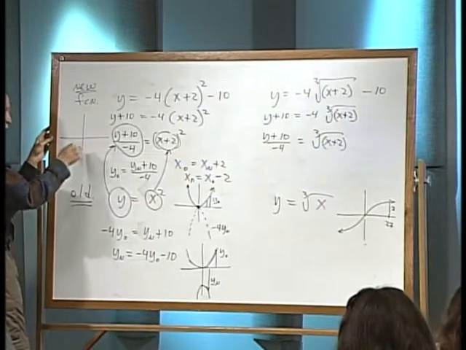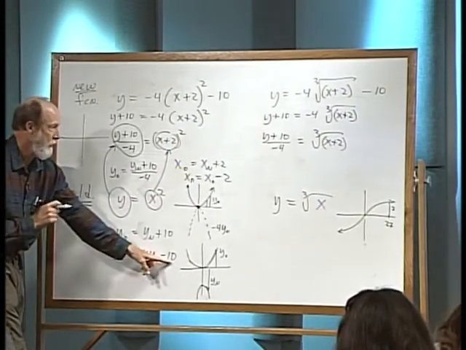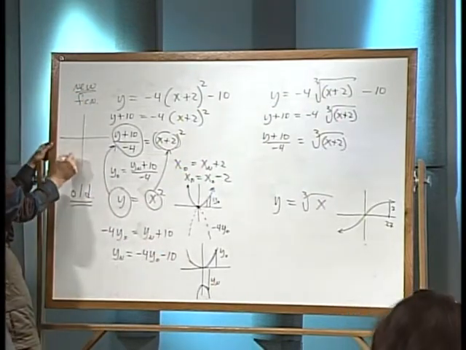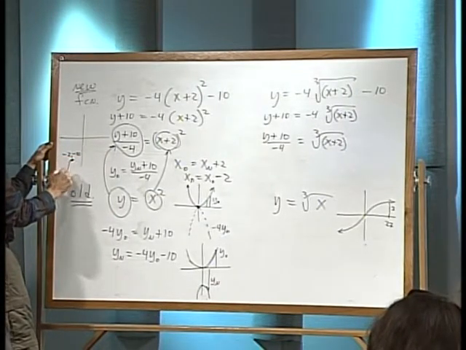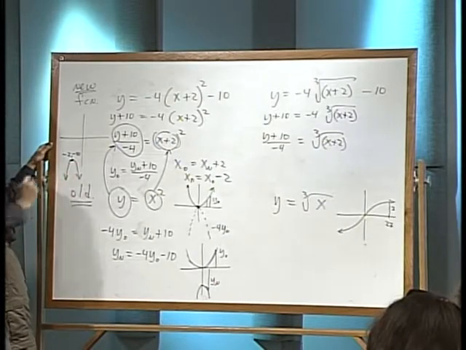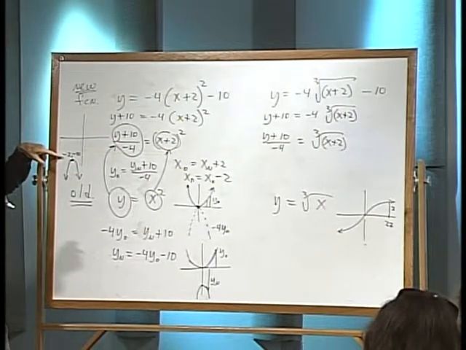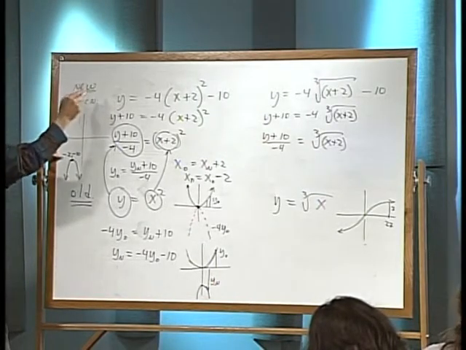That's going to make it tall and skinny and upside down, and then it's going to drop 10 and then 2 to the left. So my picture is going to come down over here, 2 to the left and down 10, and be tall and skinny pointing downward. That's a quick sketch of this function.